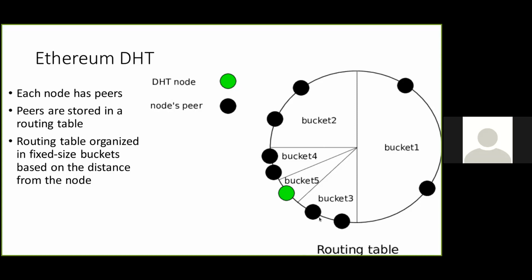Then the remaining quarter we cut it in 2. So we get our bucket 3, and we continue this process until, well, in Ethereum we have 17 buckets, and then in every single bucket we try to have a fixed number of peers, which means that the closer we get to our hash ID, the more detailed view of the network we have.